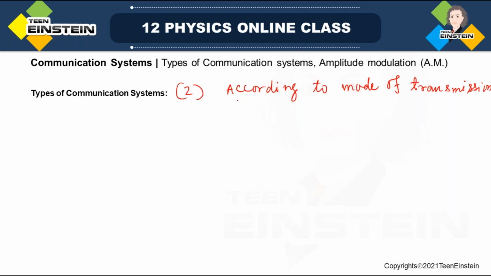According to mode of transmission, the communication systems are mainly of two types. One is analog type, analog communication.